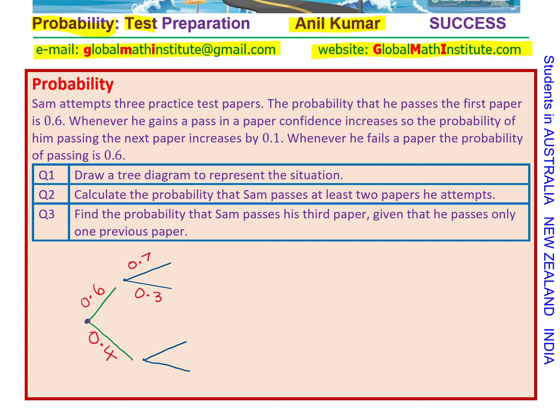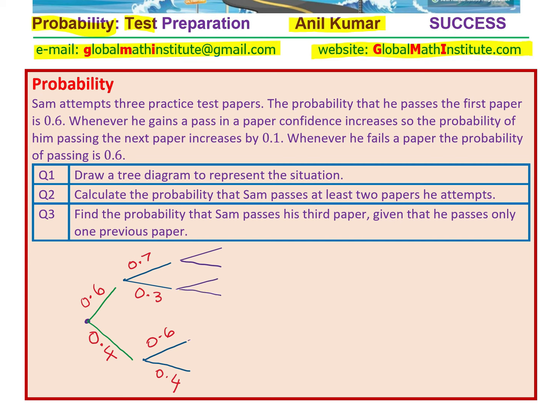Now let's go to the other side, which is when he fails the first paper, the probability of passing still is 0.6 and failing is 0.4. Clear? Now let's look into the third arm. So in this case, he may again pass or he may fail. Right? In each condition, we have these 2 cases, correct?